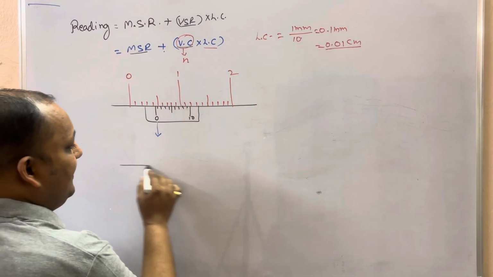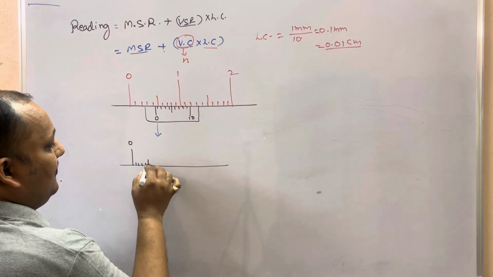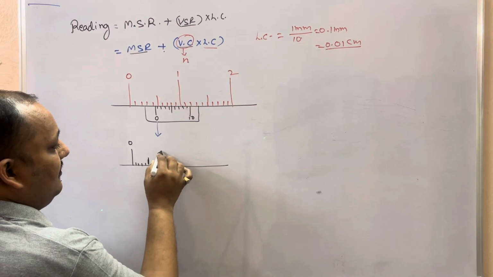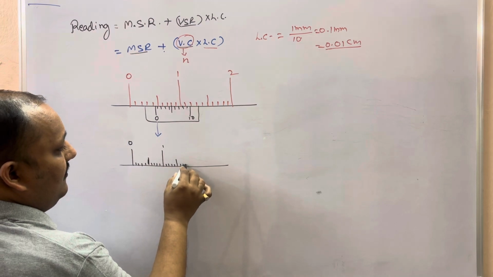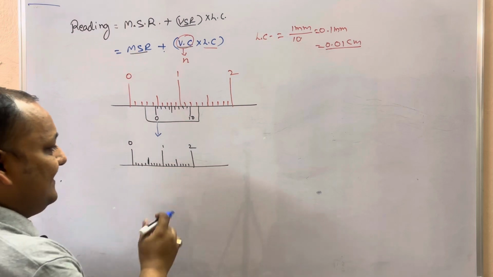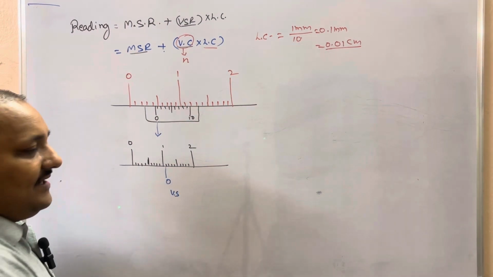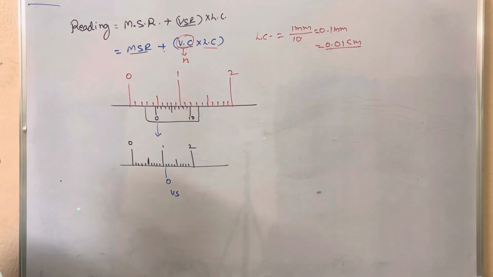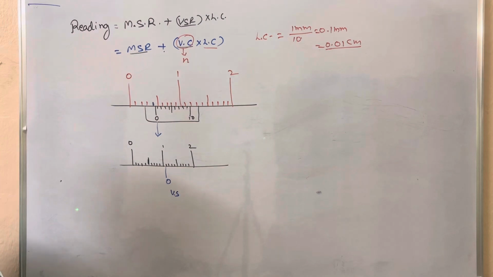So later I won't write all those things. Another one I am seeing here. So this is 0. Now, this is the 0 on the vernier scale. Now, which value is it going to cross? It is going to cross 1, and here this value is going to be 0.4.